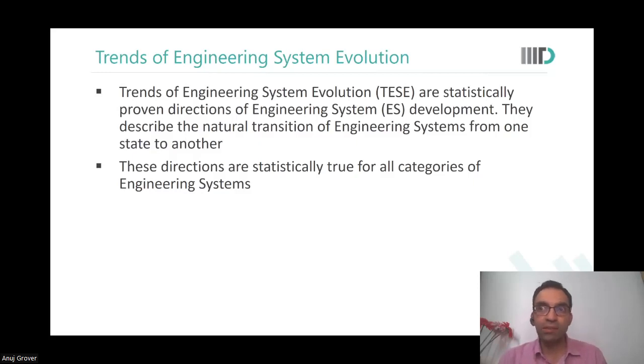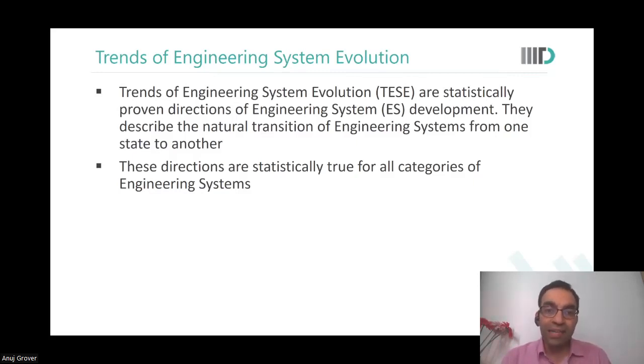Many times you will see that many solutions would coexist. Like an engineering system would coexist in multiple stages of evolution simultaneously because of market needs, because of customer requirements. We will discuss that also.